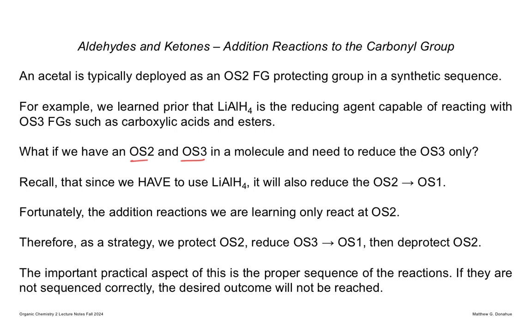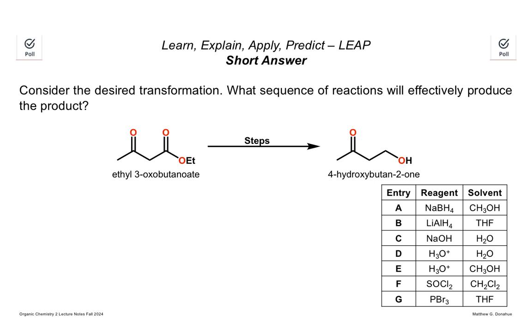And if we want to selectively act at one position versus another one, how can this chemistry help us? So when we were using iClickers, I think basically you had to come up with like a sequence of letters that would represent these steps.